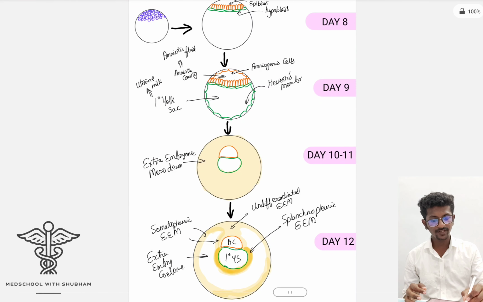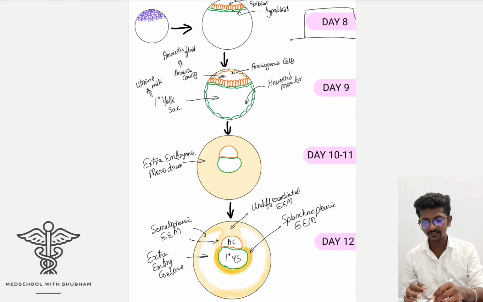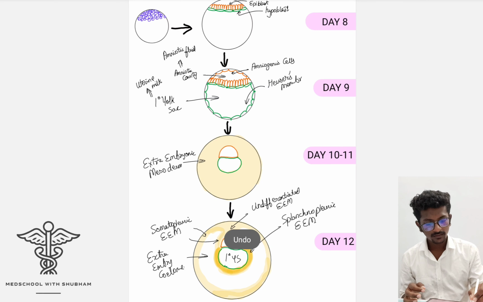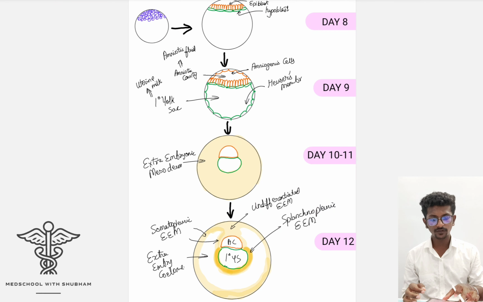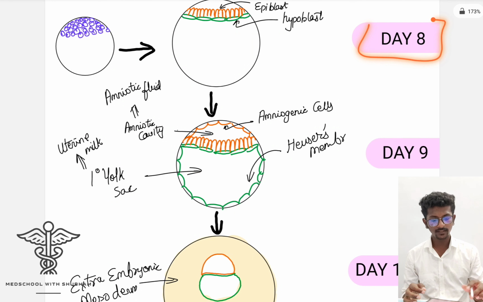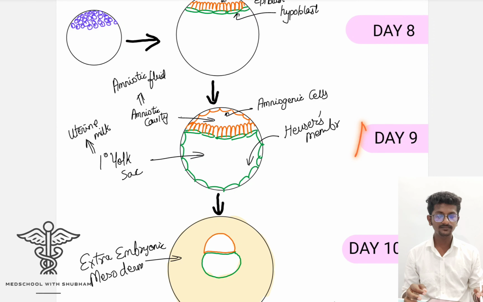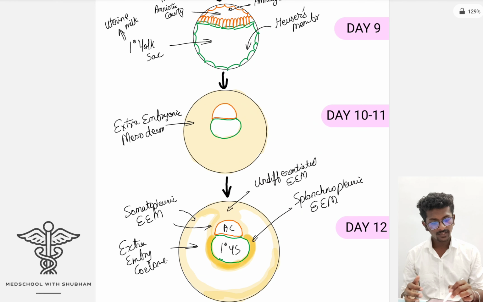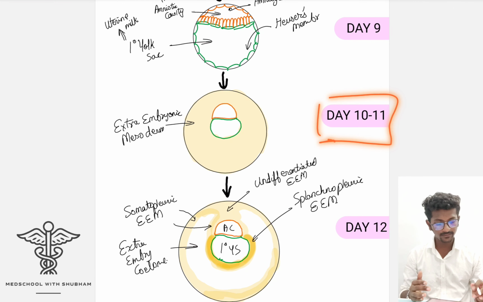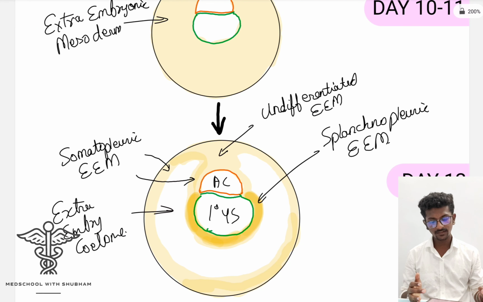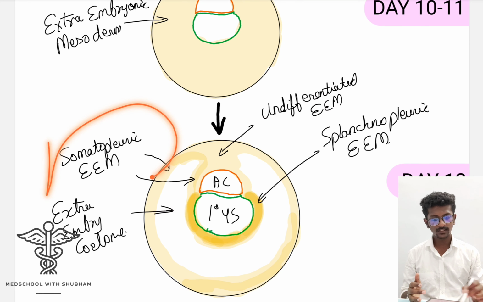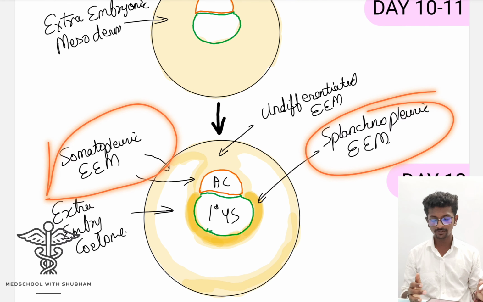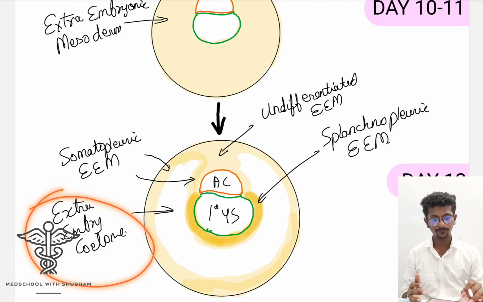I have mentioned the dates of all these events. So the epiblast and hypoblast formation takes place on day 8. The amniogenic cells and Heuser's membrane form on day 9 of development. The extraembryonic mesoderm is formed on day 10 to day 11. On day 12 we can find the formation of the somatopleuric and the splanchnopleuric extraembryonic mesoderm and the extraembryonic coelome.